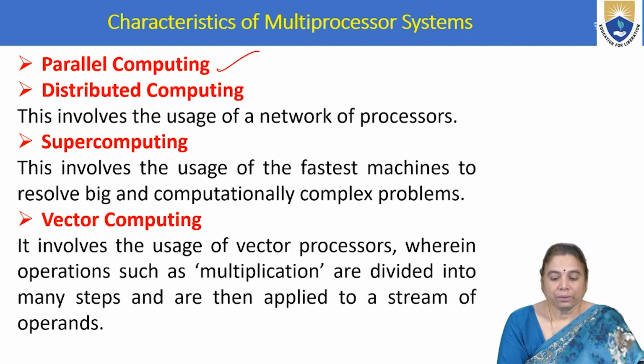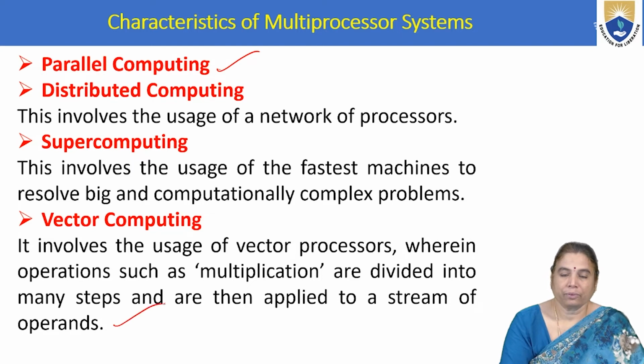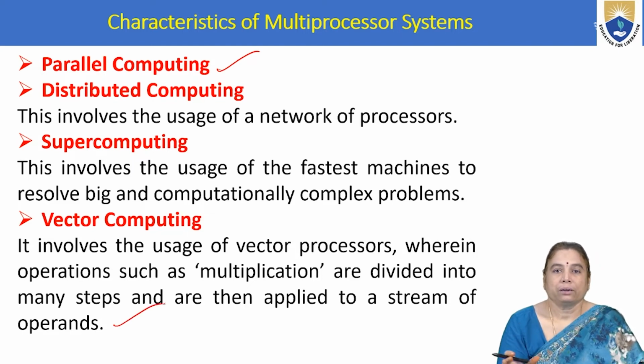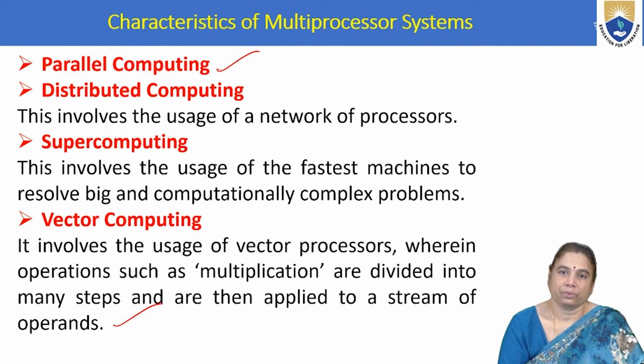Next characteristic is vector computing. It involves the usage of vector processors wherein operations such as multiplication are divided into many steps and are then applied to a stream of operands. So the computational task can first be segregated into small subtasks, and each operation can be executed in a segment.